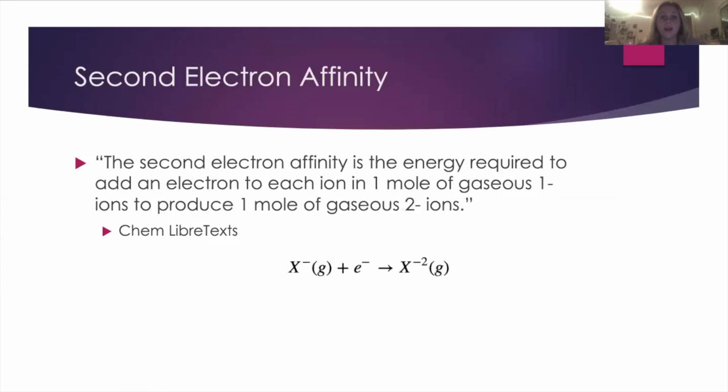The second electron affinity occurs when another electron is being added to the atom. The second electron affinity is the energy required to add another electron to an ion and one molecule of the gas, resulting in ions being added to that molecule.